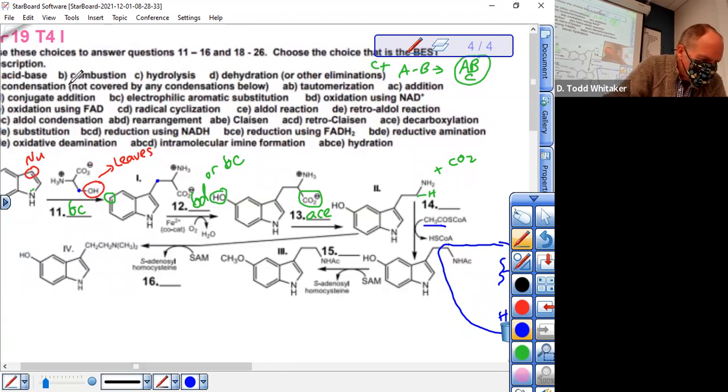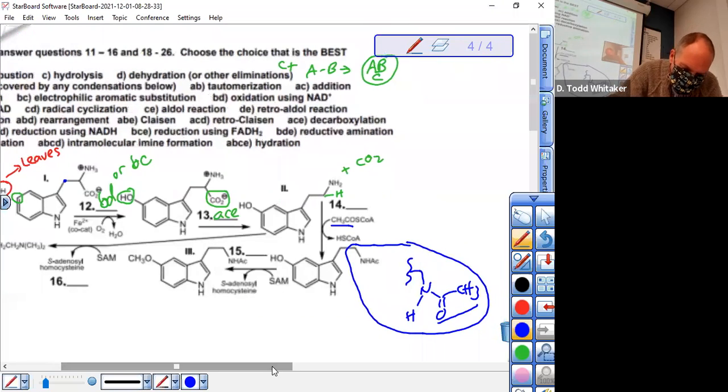It's, I don't know, oxidation, retro-aldol, no, no, no. Do I see it? Do you see it? It's not a dehydration. You can call it an acylation because this is an acyl group. But I don't see acylation on there unless I missed it.